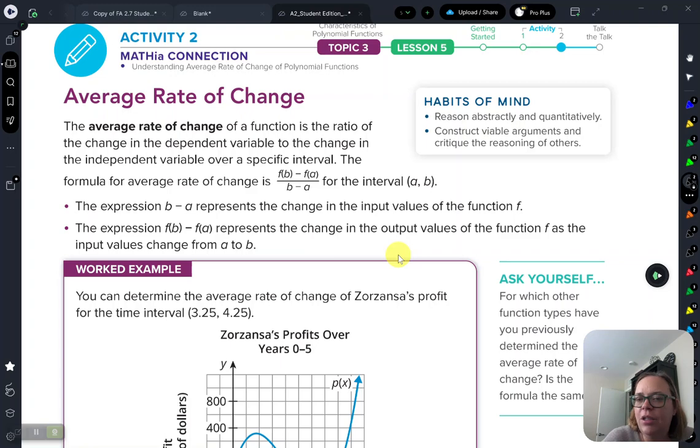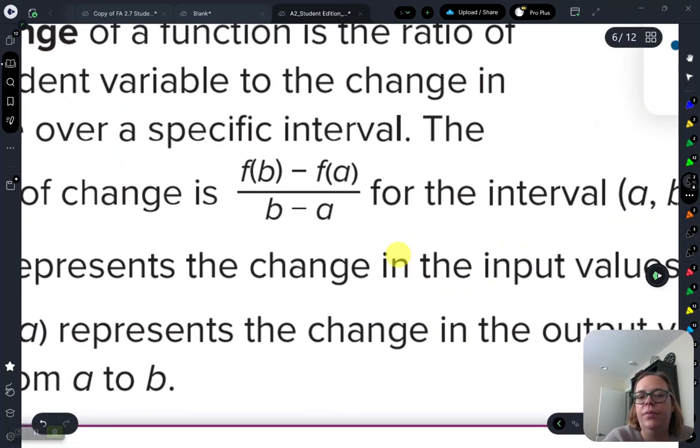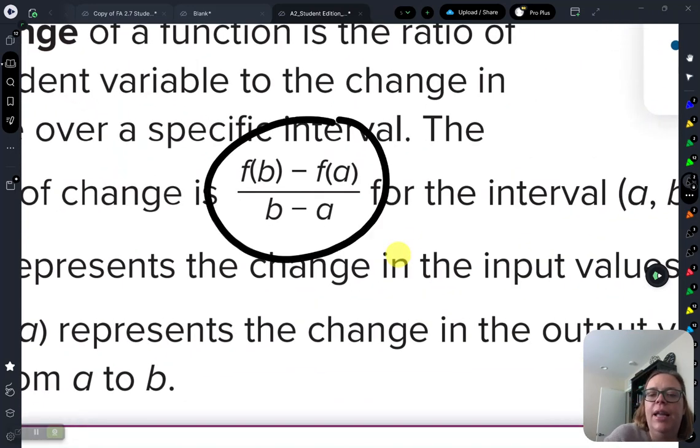So if this looks familiar, it's basically the slope formula, but for something that's not a line. We don't call it a slope formula because polynomial functions don't have slope, only lines do.